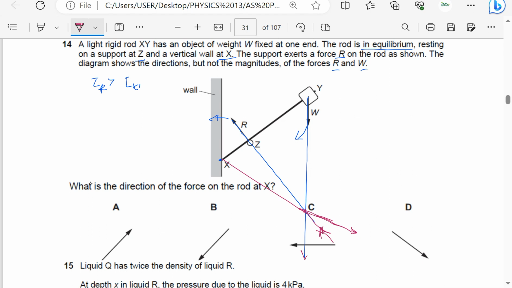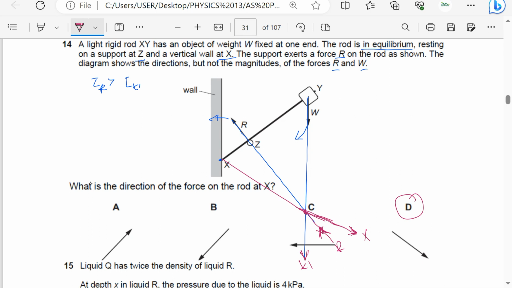So if this is W, this is the force at X, then this is R. R should be between these two forces in the opposite direction to balance them. So that means the answer is going to be most likely D, because if R is acting in that direction and the weight is acting in this direction, then if I draw this line from point X meeting at this point, then this should be acting in this direction to balance R.